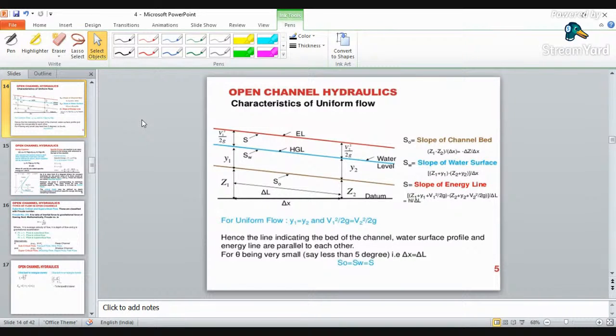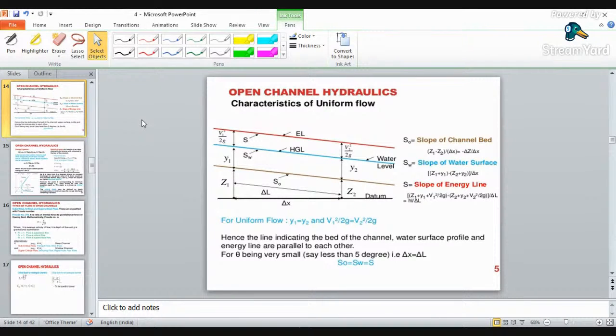It is an imaginary line which will give you the velocity head, because water is running at a velocity of v. So that head is termed as v square by 2g. So consider a horizontal head over which your bed is inclined, which is at a distance of z. Then over that bed you again have a water layer and its velocity potential, that is your v square by 2g.